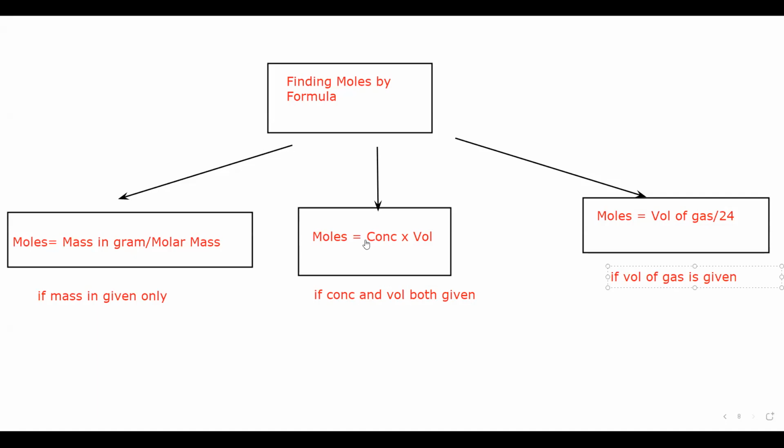The last one is only used for gases. It cannot be used for solids. The substance must be a gas. So if we are finding the moles, we can use a formula or we can use a ratio. If we are using a ratio, we will use the equation. If we are using a formula, we don't need any equation. We just work out according to the values given in the question.